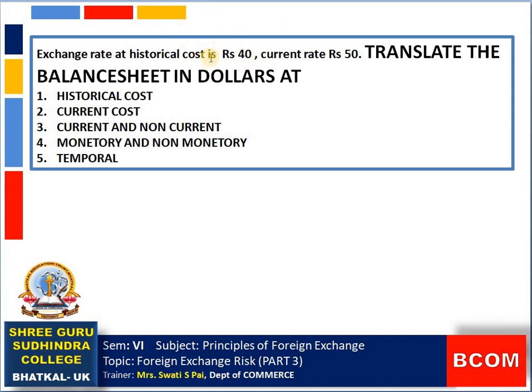So in the beginning, the exchange rate was rupees 40. And what is current rate? Current rate is the prevailing exchange rate on the date on which the balance sheet is being prepared. So the current rate is rupees 50. You need to remember both these rates, historical cost rate as well as the current rate, just to translate the balance sheet in dollars.